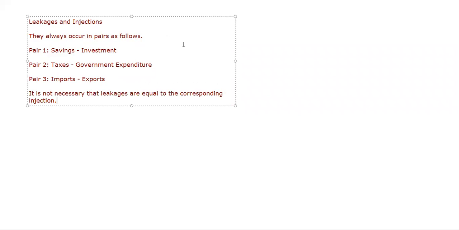Okay, what's the meaning of this? Let's focus on the simplest one, imports and exports. Is it necessary that the imports expenditure, whatever money people spend on importing from foreign countries, is always equal to the exports that the country does? The answer is no. We know that many countries have, let's say, current account deficit or trade deficit. Trade deficit means the imports are more than exports. So in that case, leakage is higher than the injection. So it's not necessary that they are equal.